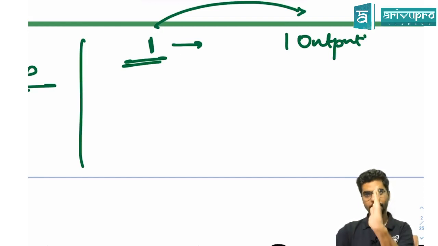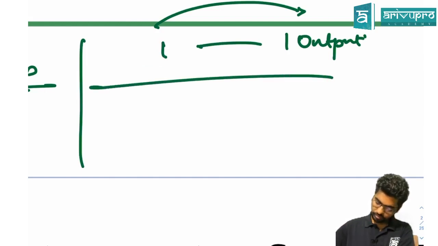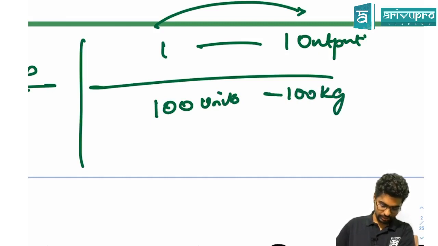If 1 kg of raw material is required for 1 unit of production, to produce 100 units, Suresh, how many units of raw material do you require? For 100 units, you require 100 kgs, correct?